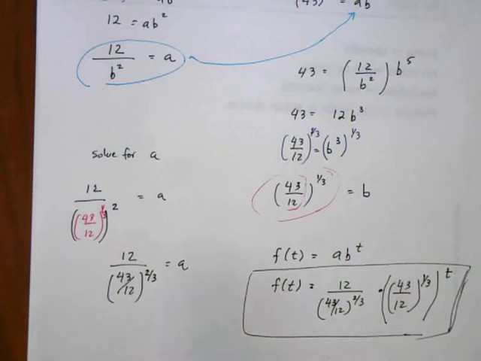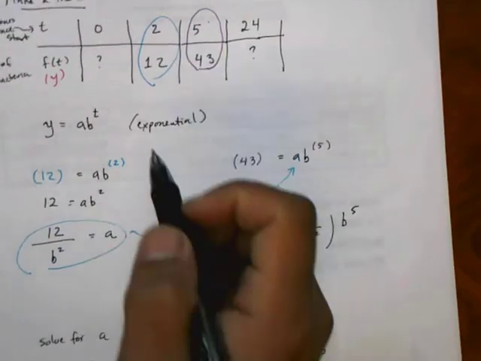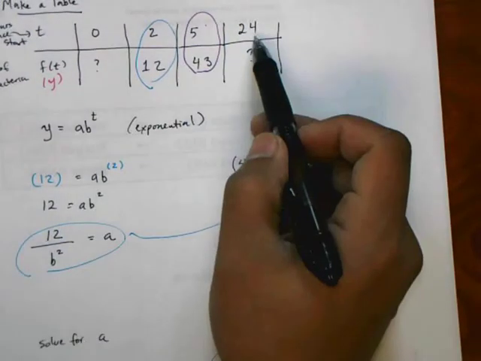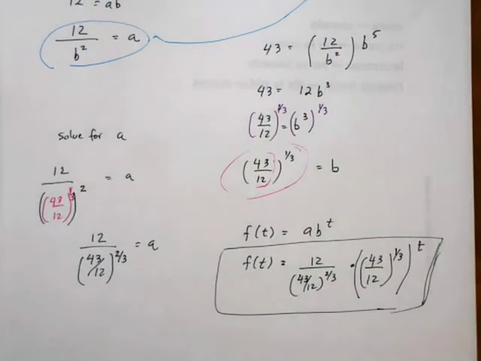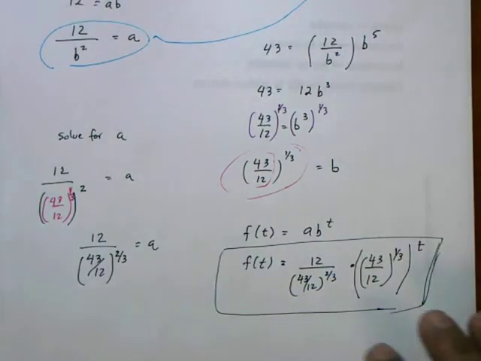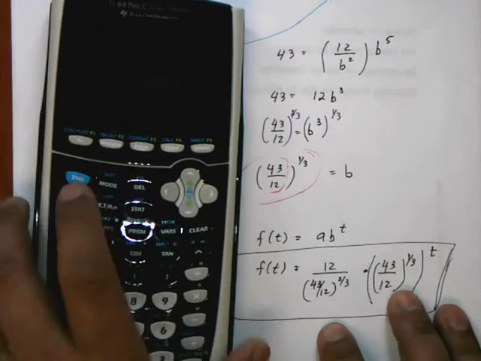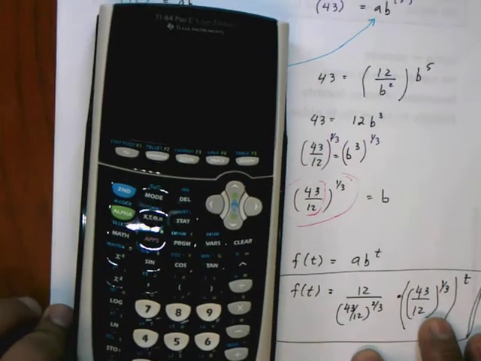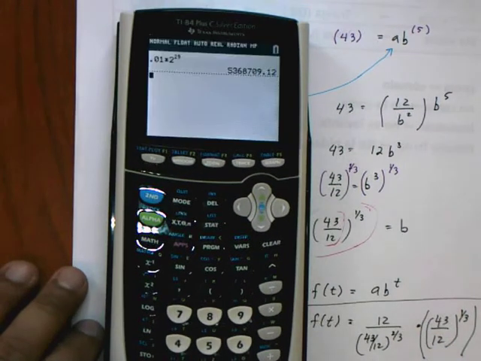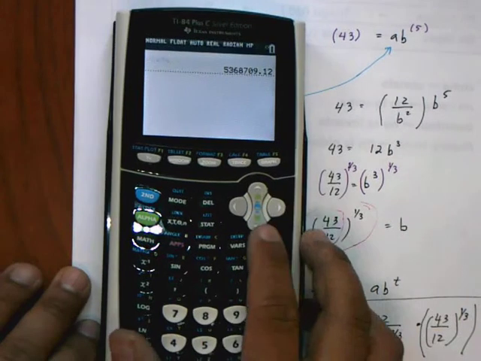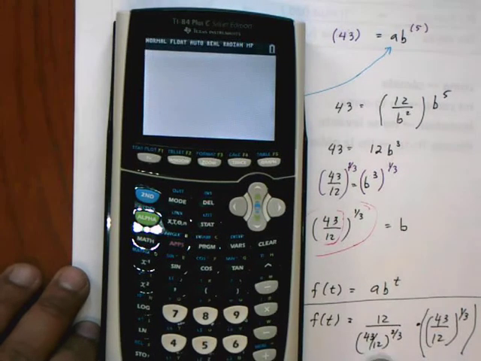And now, if I want to find when t equals 0 and when t equals 24, all I really need to do is substitute that into my graphing calculator. Now I want to show you a great way to use your graphing calculator to make life a little bit easier for yourself. One thing I'm going to do is store this value of a.